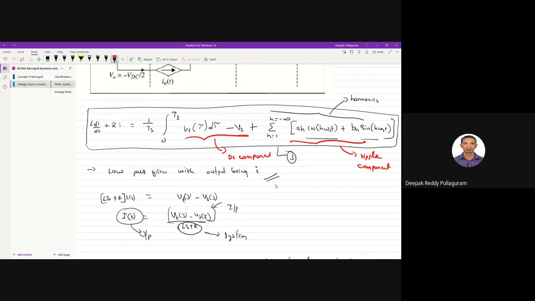So I'll write the equation for when only the DC component exists, and when only the AC ripple component exists.